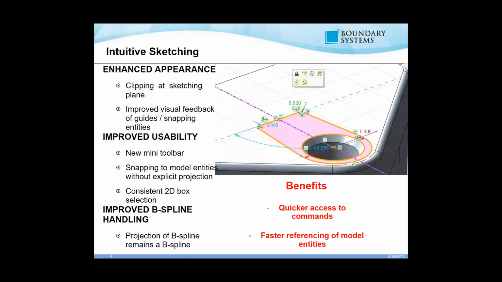In this case, the constraints pop out in a small green box that makes them much more visible than before.